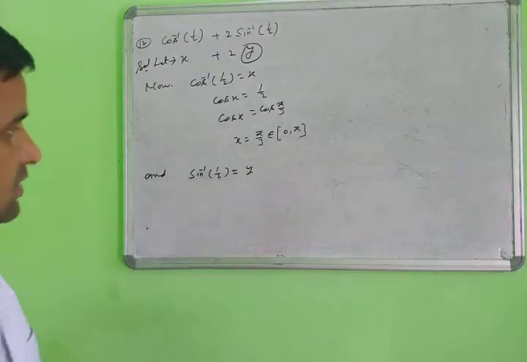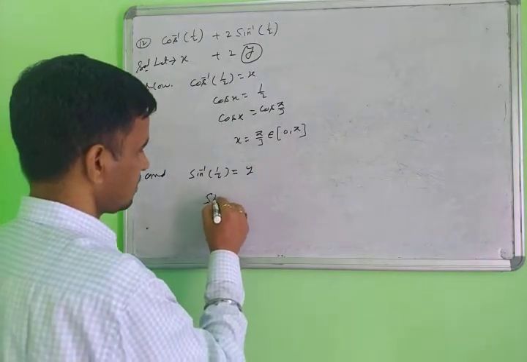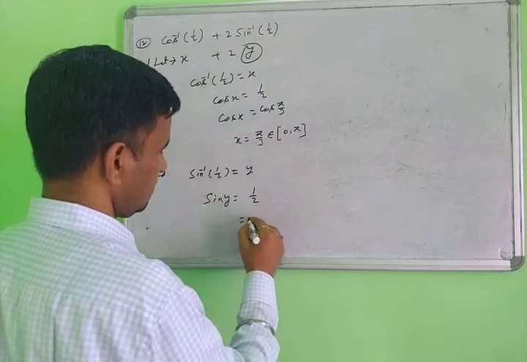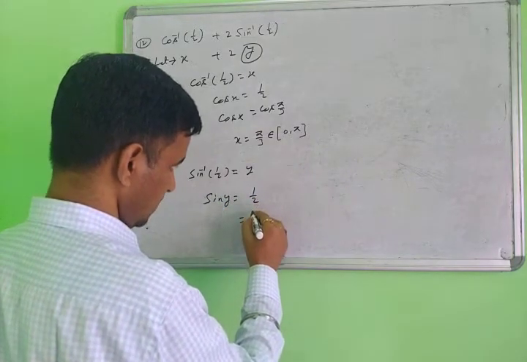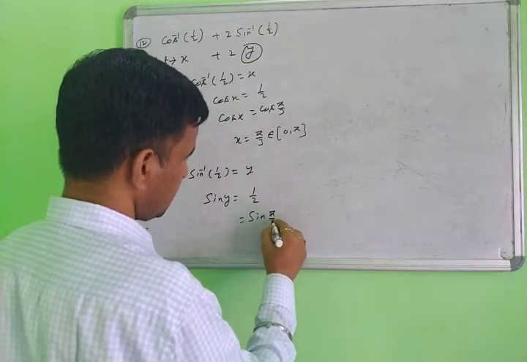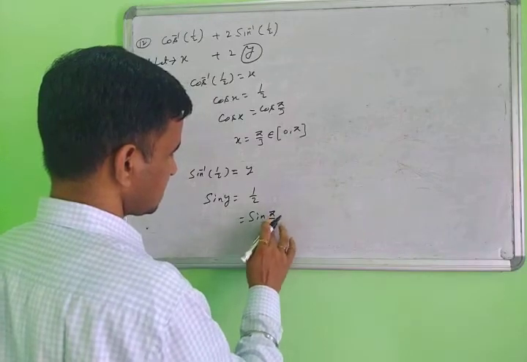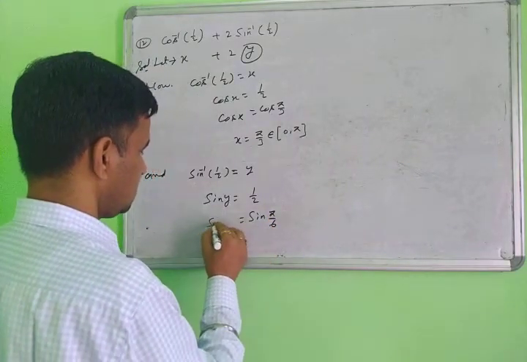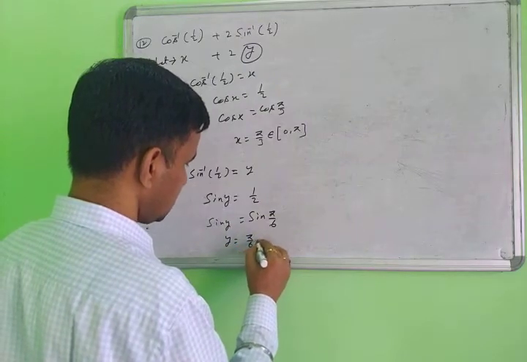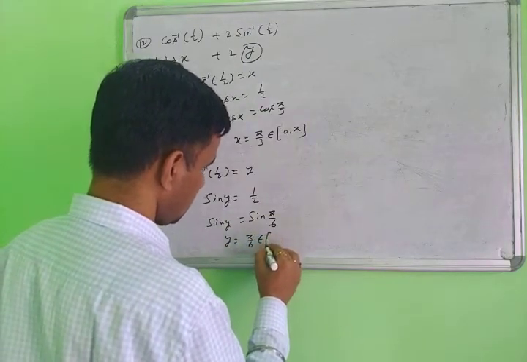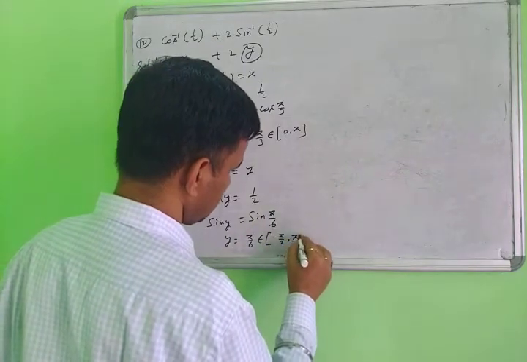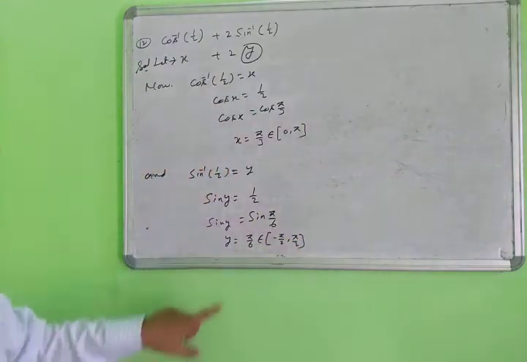Then sine y equal to 1 by 2, and this is the value of sine 30, pi by 6. This is sine y. What is the value of y? Pi by 6. And this belongs to the closed interval minus pi by 2 to plus pi by 2. This is the value of y.